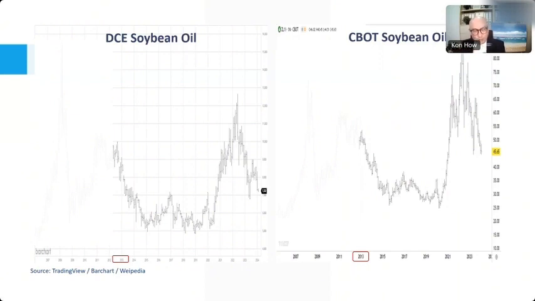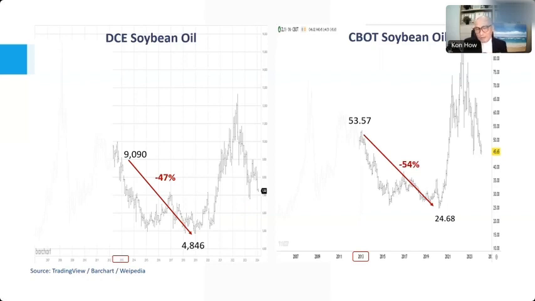But from 2013 onwards, something shifted a little bit. What I'm seeing here in my study is that the CBOT soybean oil has been getting a little bit more volatile compared to DCE soybean oil. Now, how do I determine whether a contract is more volatile compared to the other?